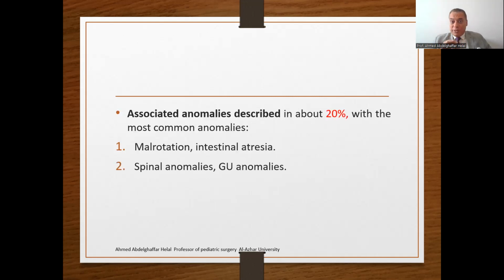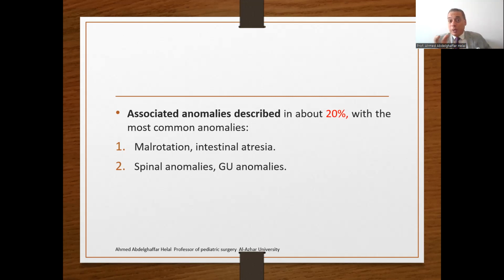The associated anomalies are very important, present in about 20%, with the most common being malrotation, intestinal atresia, spinal anomalies, and genitourinary anomalies. So the pediatric surgeon should search for associated anomalies. Sometimes this duplicated part of the bowel is connected to the spinal canal or the vertebral body, maybe an enteric cyst related to this part.